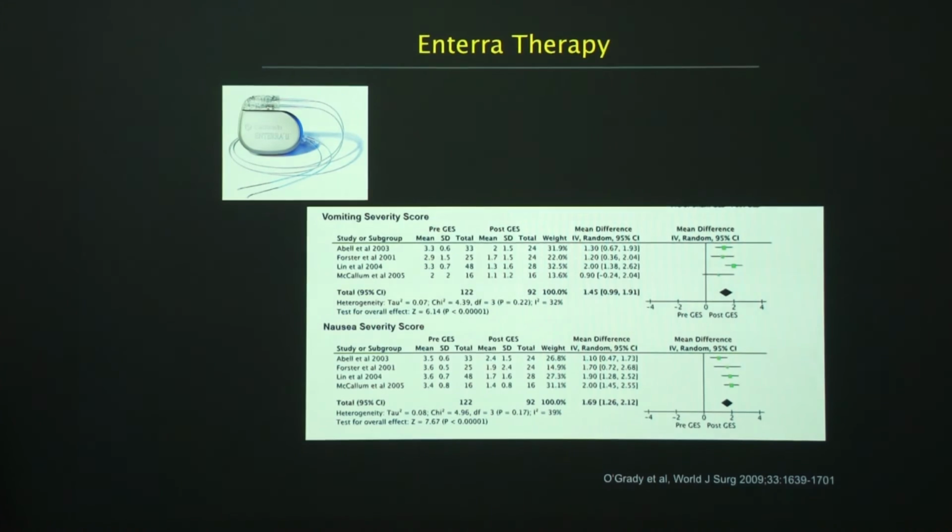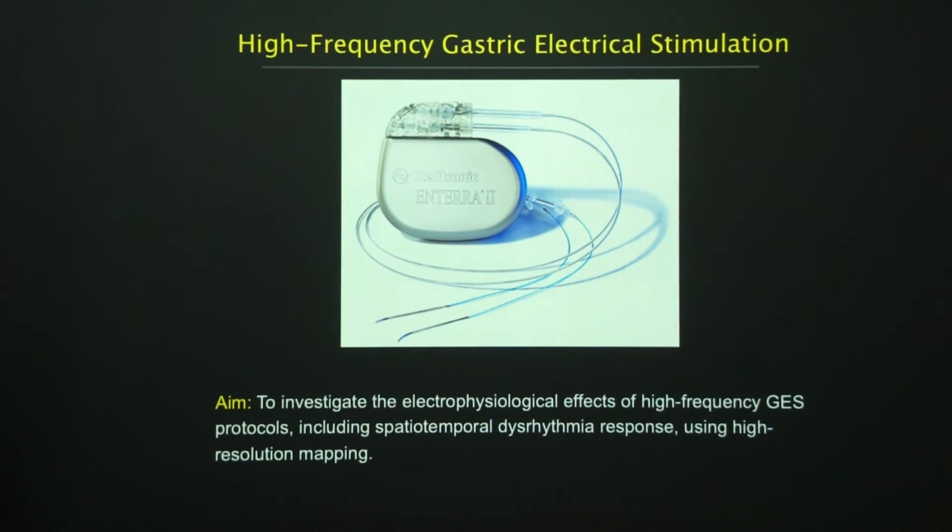However, the actual underlying mechanism of action of this device is unknown. So we aimed to investigate the electrophysiological effects of this high-frequency GES, gastric electrical stimulation, including spatiotemporal dysrhythmia response using our high-resolution mapping analyses.